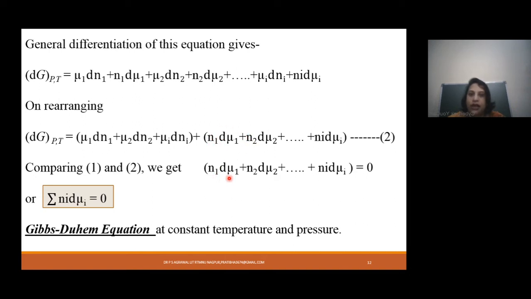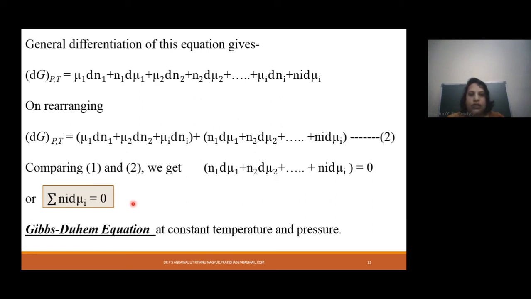That means n1 dμ1 plus n2 dμ2 will be 0. In general, we can say summation of all such ni dμi will be equal to 0. And this is nothing but the Gibbs-Duhem equation at constant temperature and pressure.